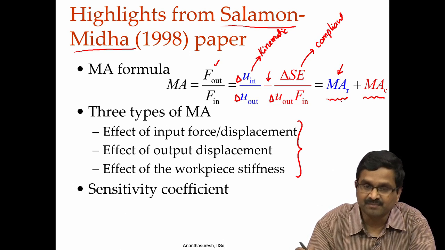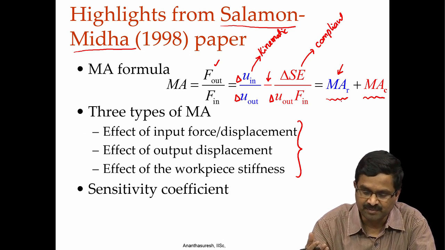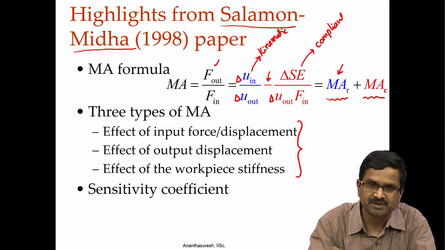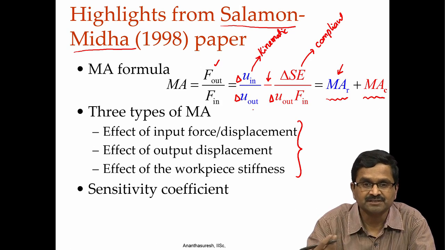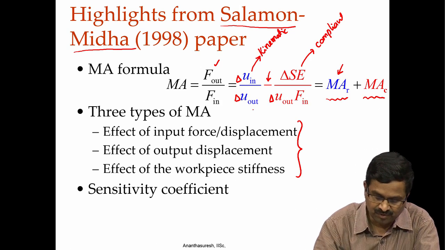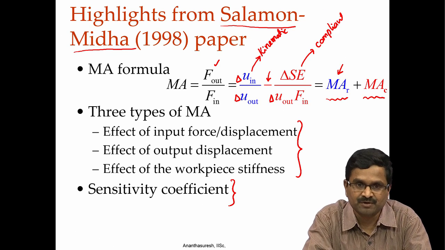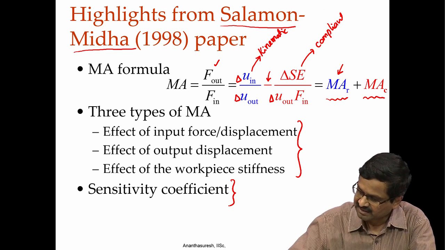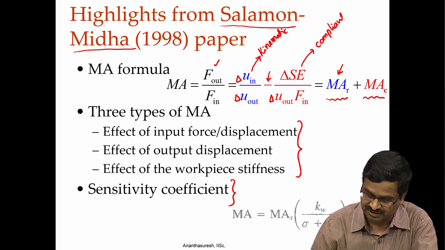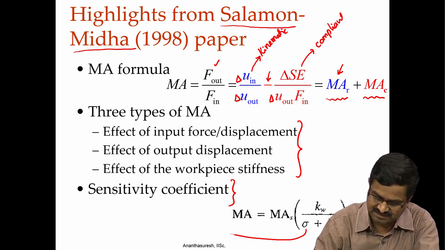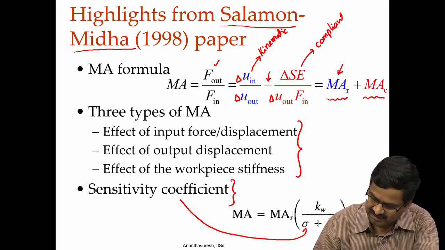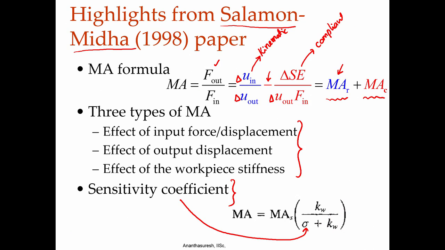Both MAR and MAC would change depending on the elastic component, because the incremental displacements delta u in and delta u out are changed by the forces. So, we have to consider the effect of stiffness of the workpiece, and for that there was this sensitivity coefficient, sigma, as defined in the paper by Solomon and Medha.